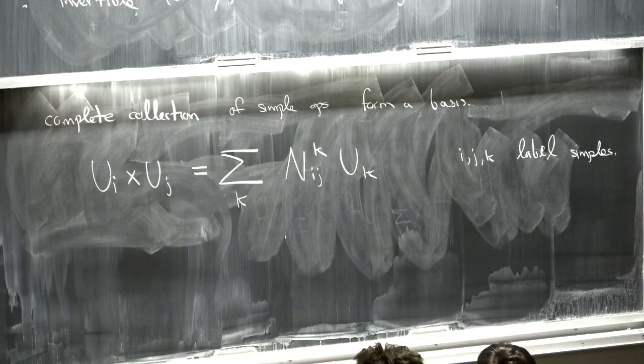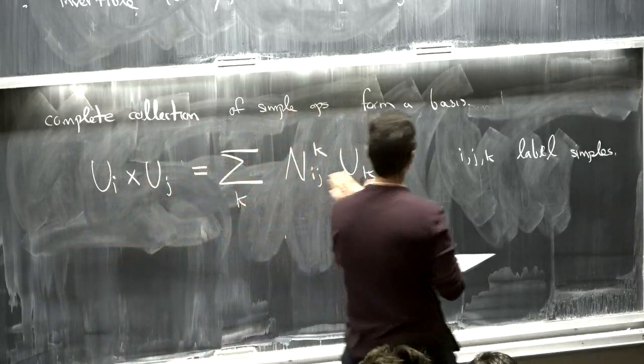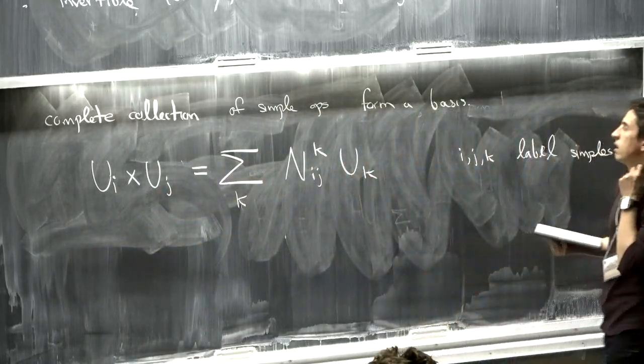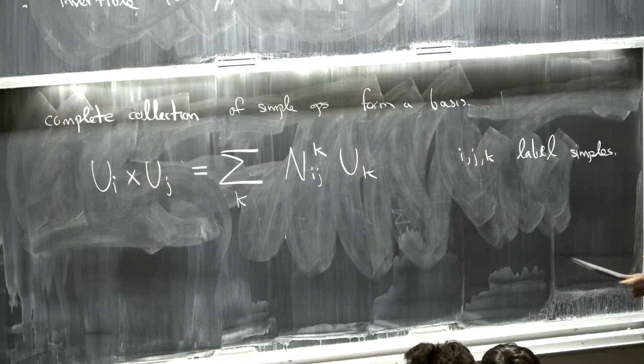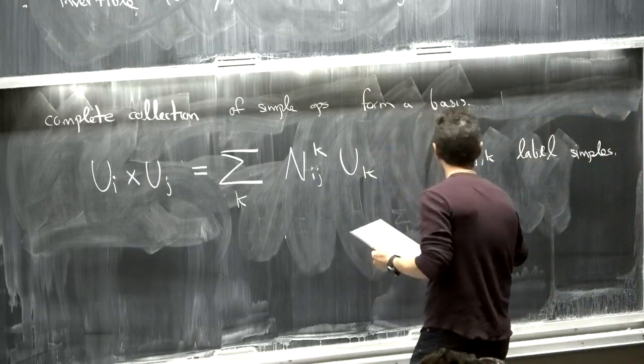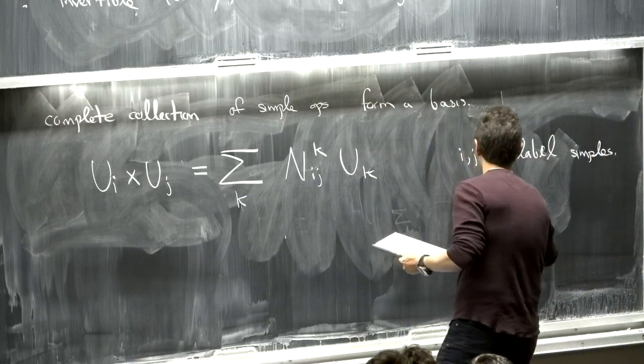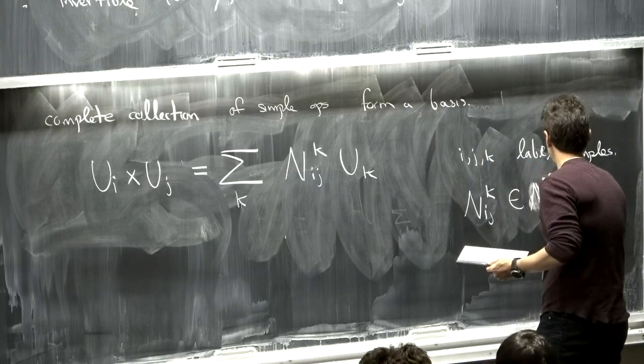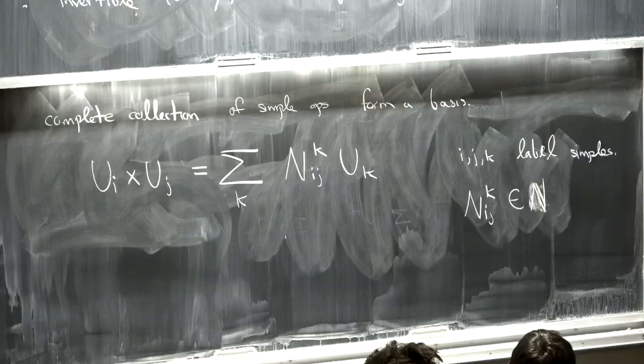Right? There's a notion of being kind of primitive or simple. You can't split into a direct sum. And given that, we can try to take the collection of all simples and any product re-expand into simples, where here, of course, the nijk's will have to be natural numbers because we can't have arbitrary coefficients.